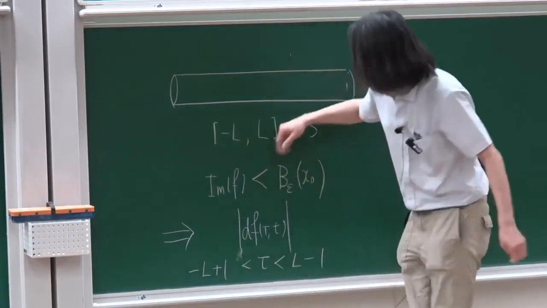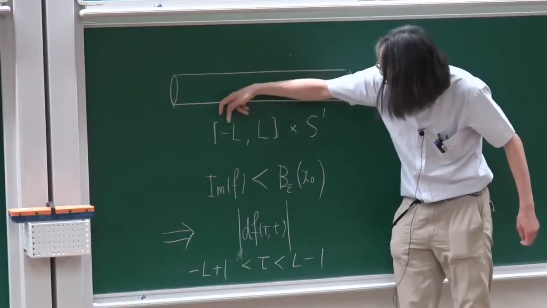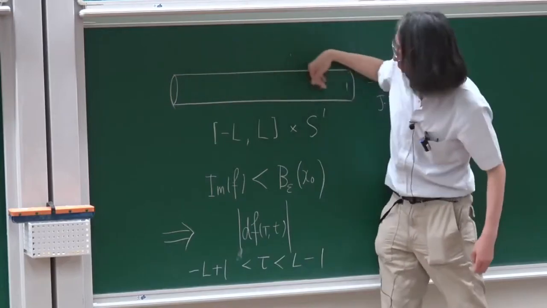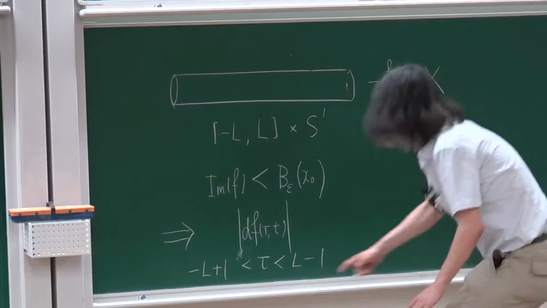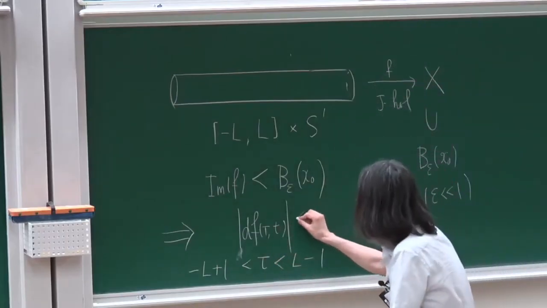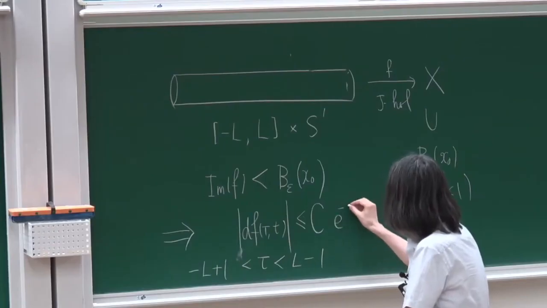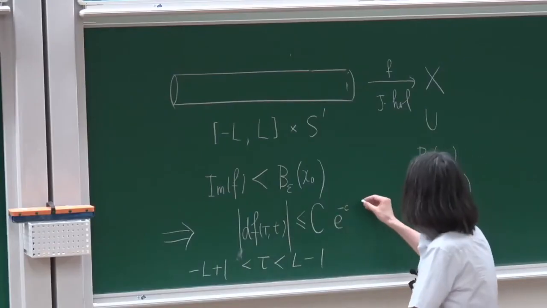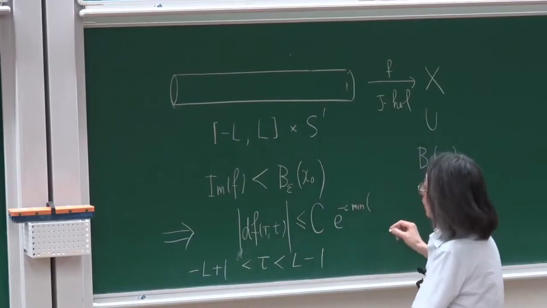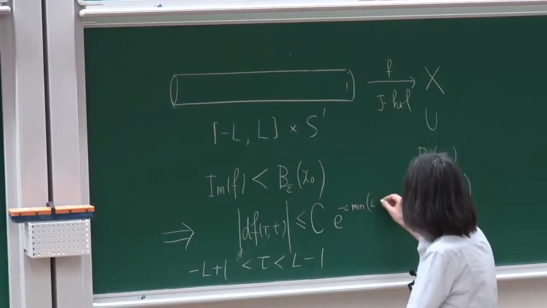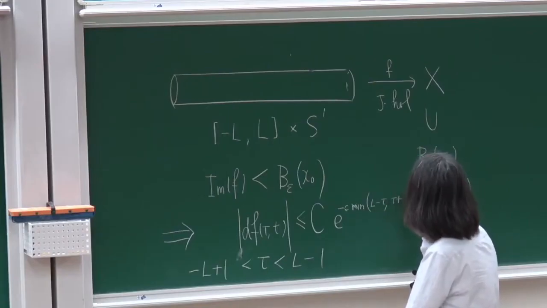Namely, the original domain is minus L to L, but I consider a little bit smaller one, minus L plus 1 to L minus 1. And then its derivative is bounded by some constant times e to the minus another constant c of the minimum of L minus tau and tau plus L.